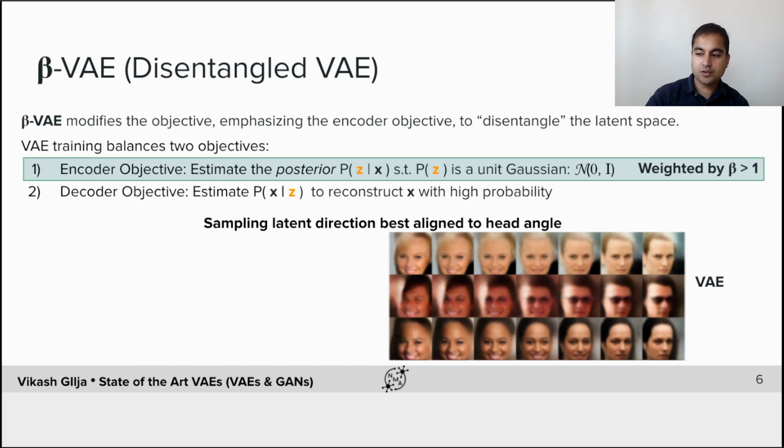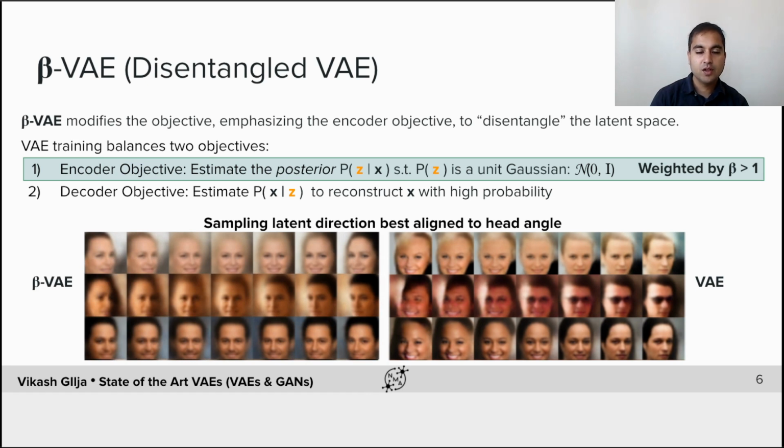Now, if we introduce the beta VAE, we upweight that encoder objective, what we find is a representation that is better aligned to that single goal. So here we take that beta VAE, it's going to have a different latent space than the VAE, but again, we find the direction that best aligns to head angle, and we choose an initial sample and then move along that direction and along that axis in the latent space.